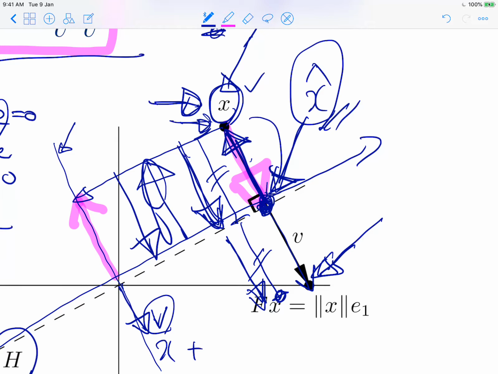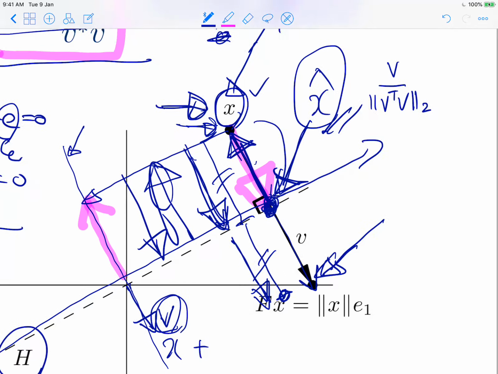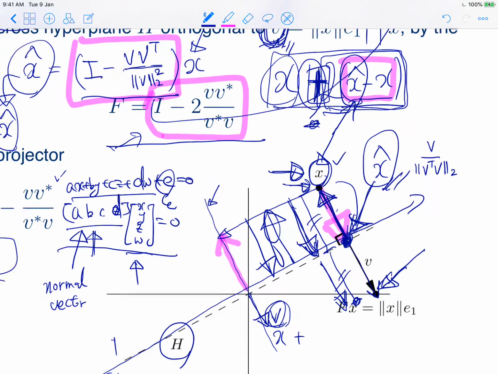We just normalize v into this form. So this is the normalized vector v.